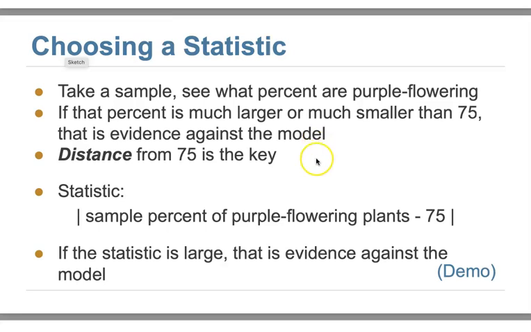Because his model specifically says the purple flower should be 75%, the key is the absolute value. So the statistic is the percentage of purple flower plants in the sample minus 75%, then we take the absolute value. If the statistic is large, that is evidence against the model.